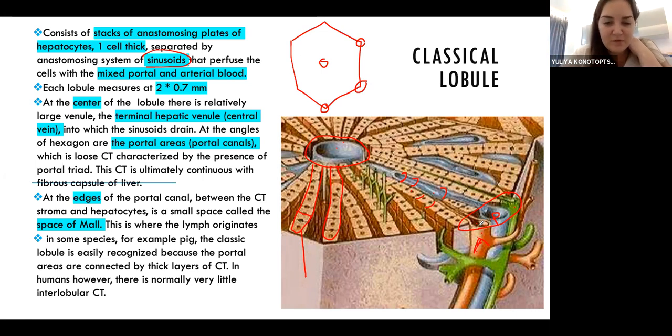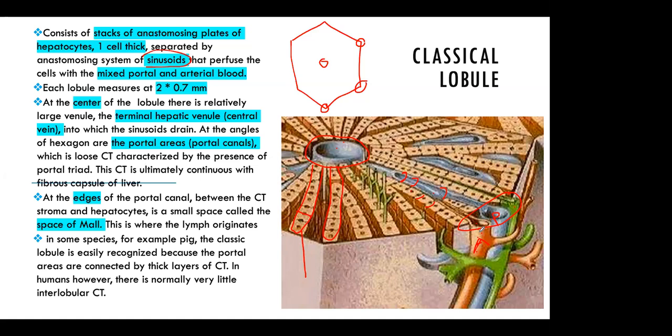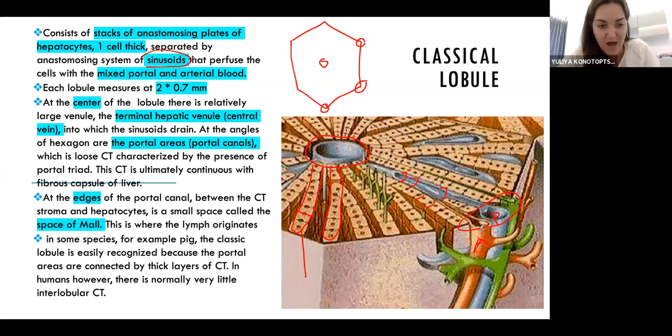Where is the blood from the hepatic artery coming from? It's coming from the aorta, from one of the branches of the celiac trunk, which is coming from the aorta. So agree with me that the blood in the hepatic artery is amazing blood. It's oxygenated. There's lots of oxygen.